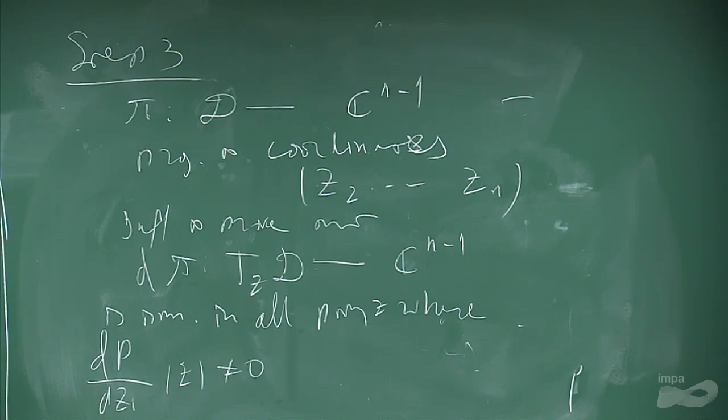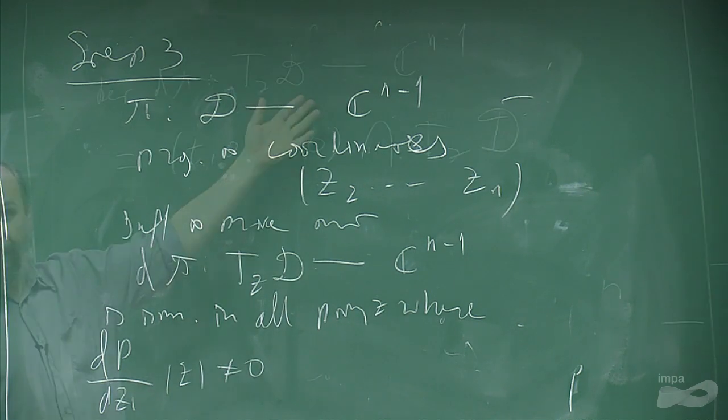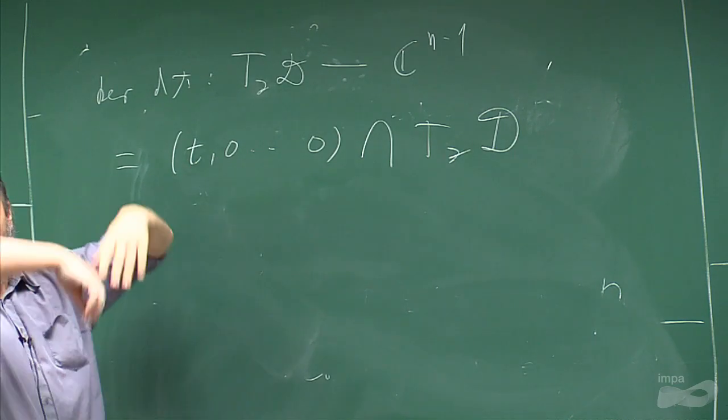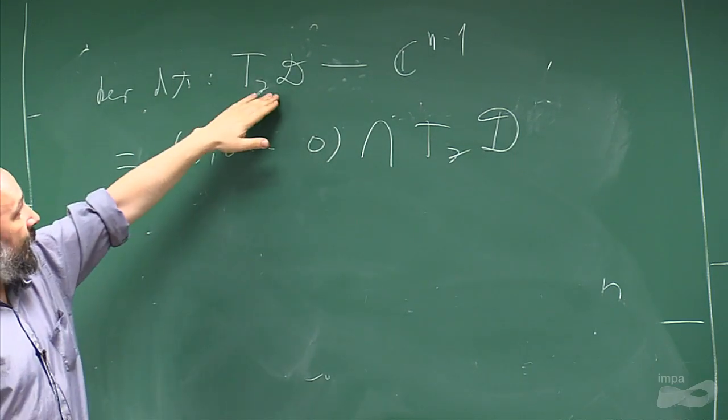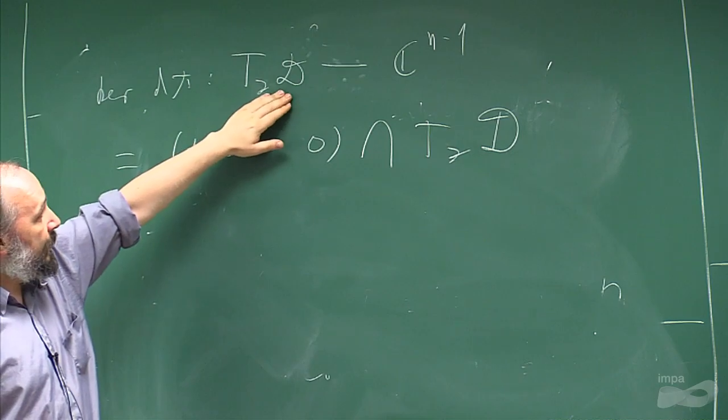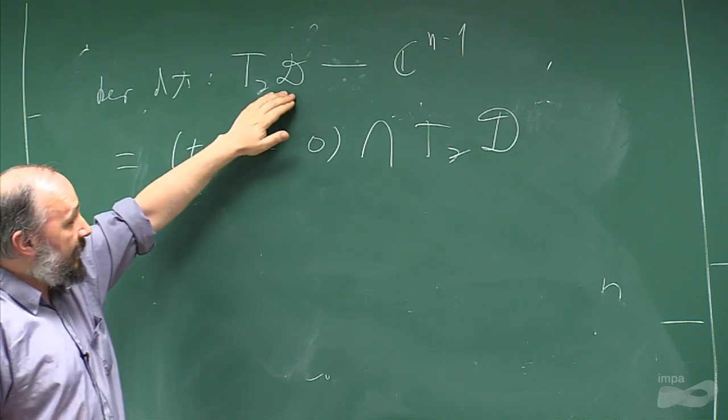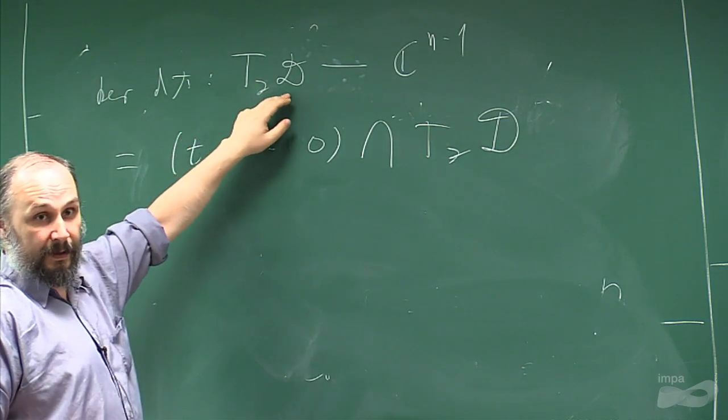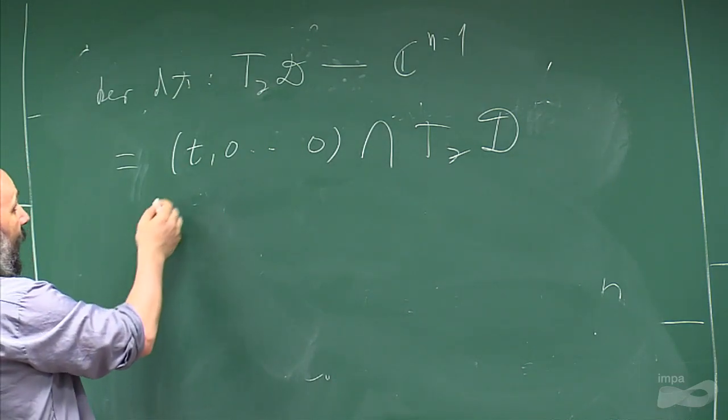Here I have T, and the zeros, zeros, zeros intersected with T of D. Right? Because this is just a kernel of, I mean, this is a projection. And this is a kernel of the projection on the ambient space. But then if this is a non-isomorphism, then the kernel intersects with the subspace.